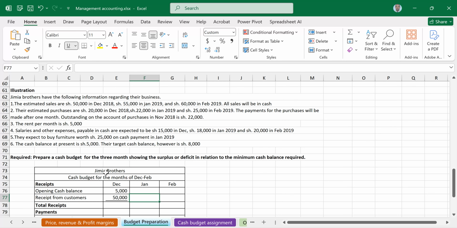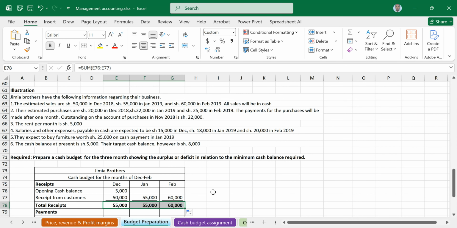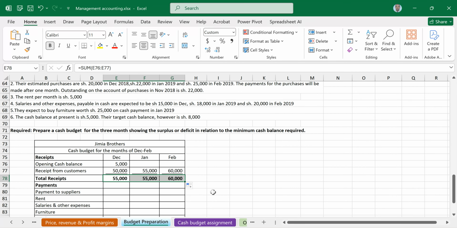January, 55,000. Then February, 60,000. You can go ahead and get total receipts by using Alt equal. You sum the two, then drag across to get your total receipts during December, January, and February.